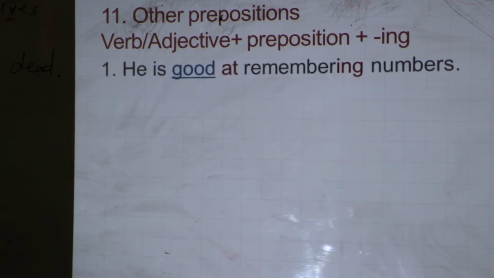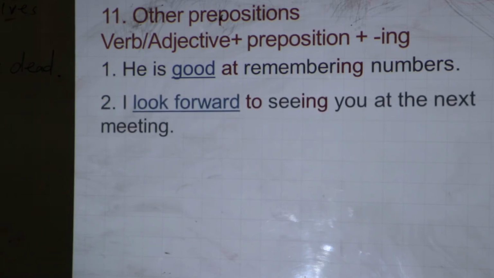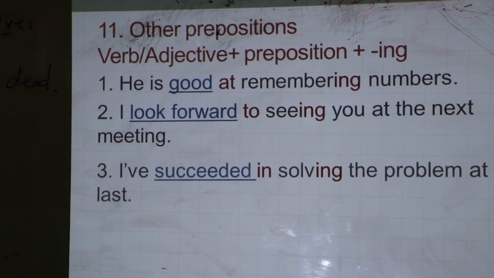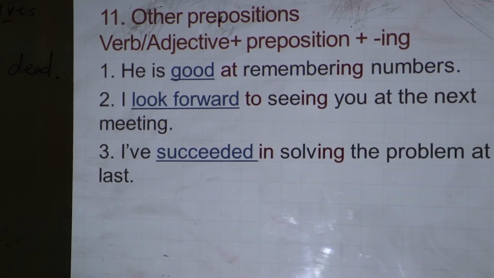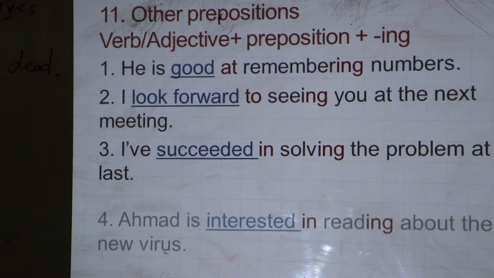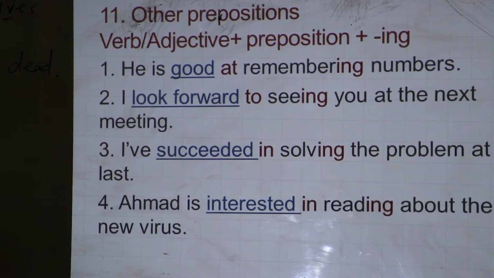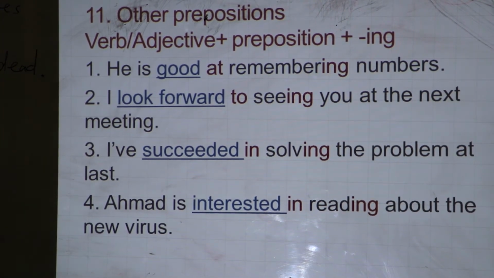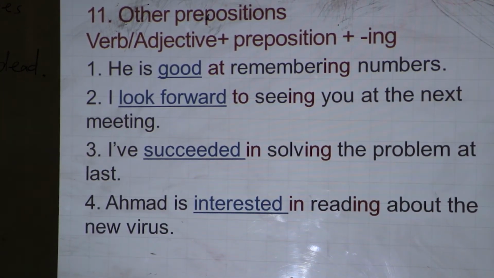Number one, he is good at remembering numbers. Number two, I look forward to seeing you at the next meeting. Number three, I succeeded in solving the problem at last. Number four, Ahmed is interested in reading about the new virus.